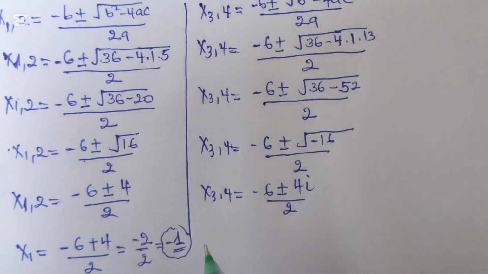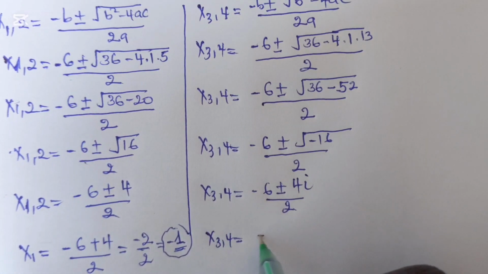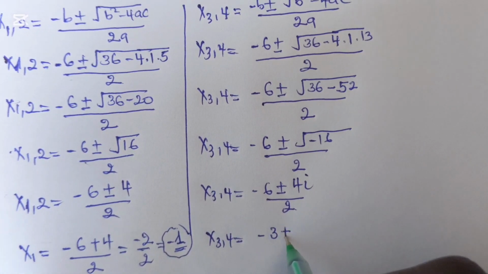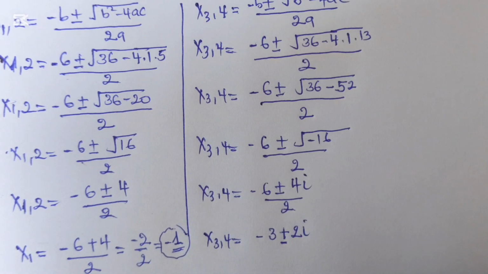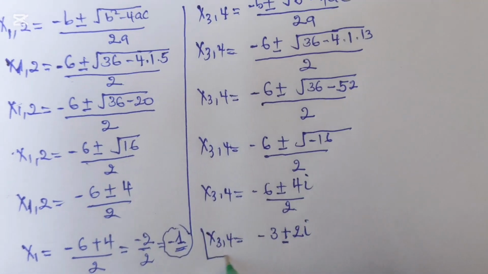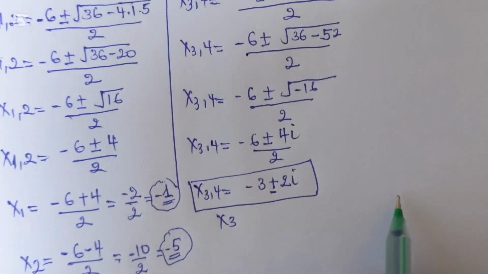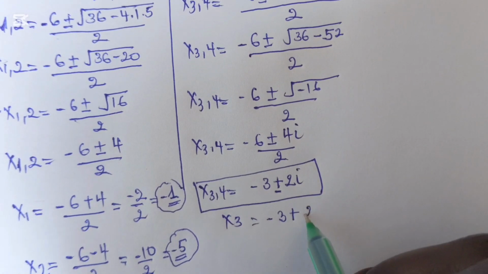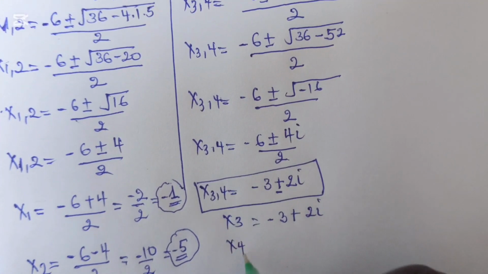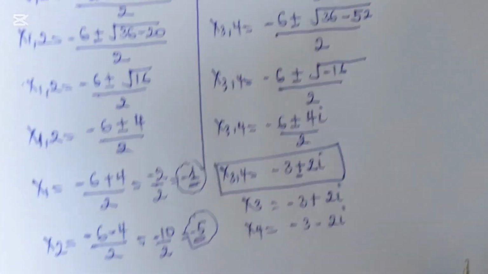Then by dividing by 2 on both sides, due to factorization, this will provide negative 3 plus or minus 2i, meaning that x3 is equal to negative 3 plus 2i, and x4 is equal to negative 3 minus 2i.